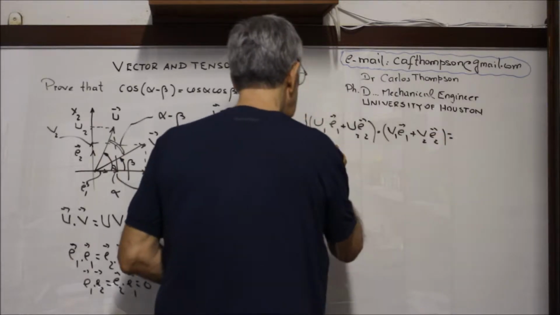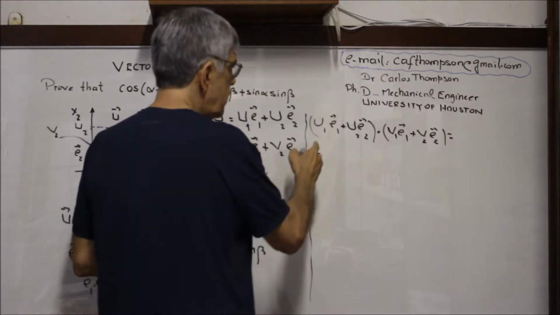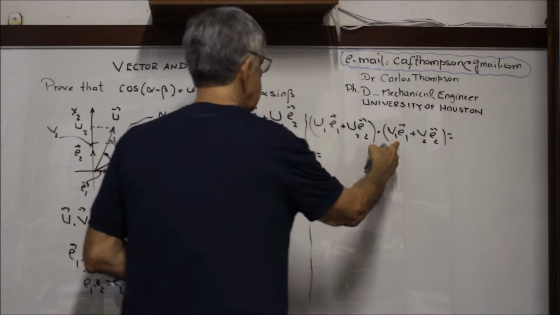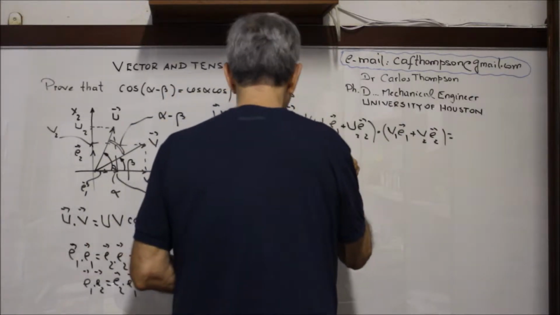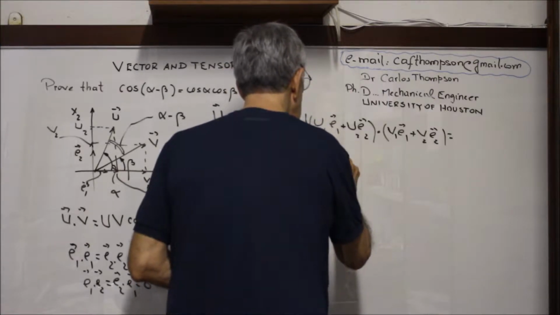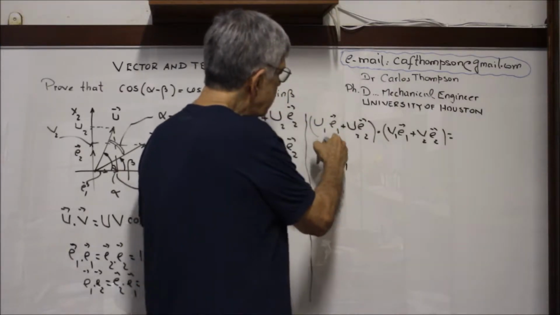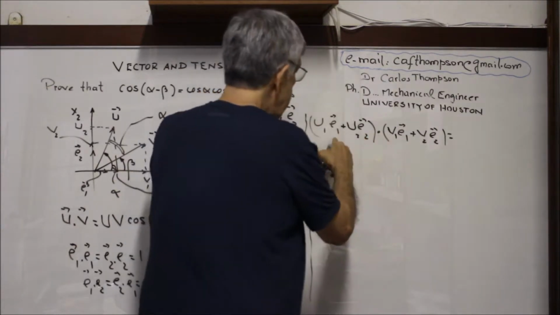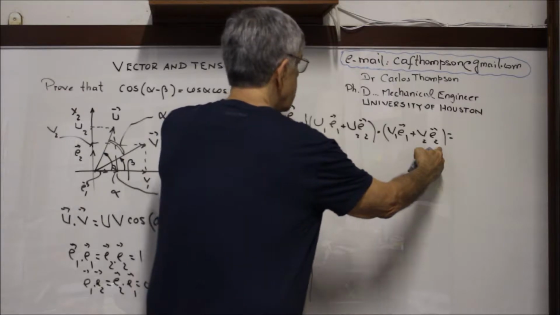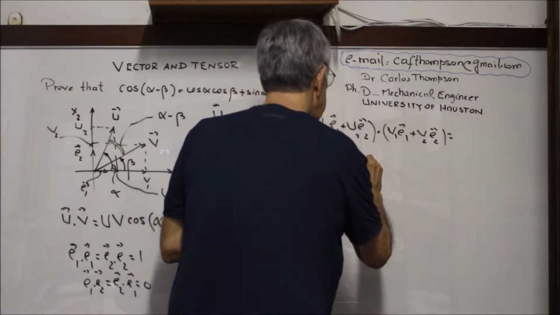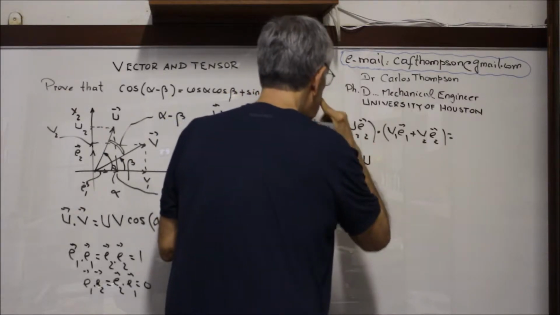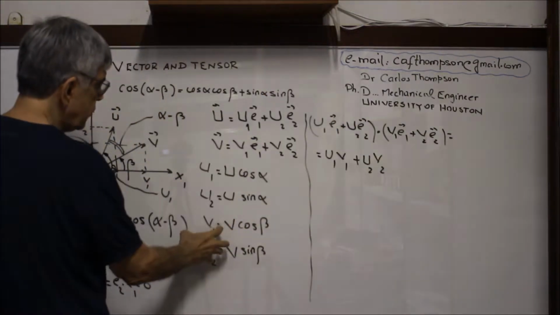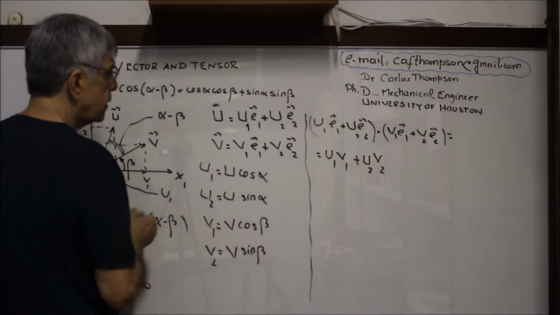This is equal to u1 v1, because e1 dot e1 will be 1. Now, e1 dot e2 will be 0, plus u2 v2.